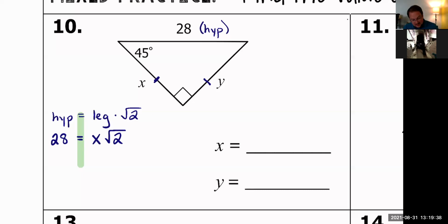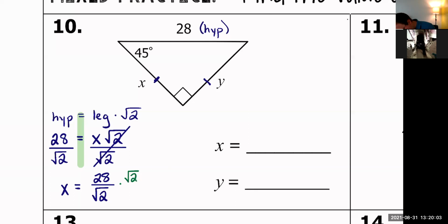How would you get that x by itself? Divided by the square root of 2. Absolutely. Gets rid of it here off of the x. I'm going to flip mine around here. I get x equals 28 divided by the square root of 2. I'm going to use a fancy 1 here to get that radical out of the bottom.